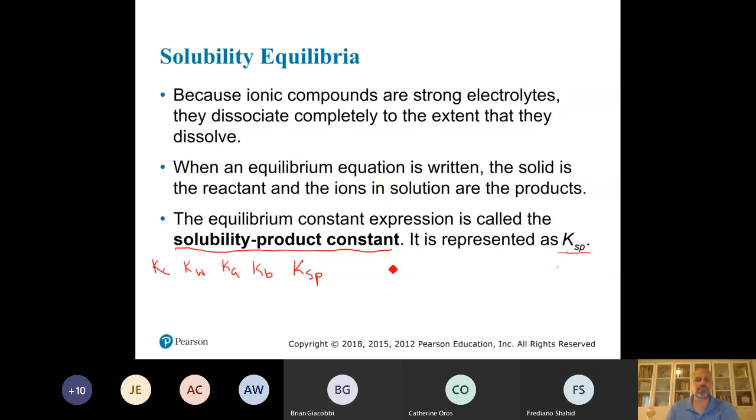All this does is give us, just like Ka gave us the ability to compare acids, and Kb gives us the ability to compare bases, KSP is going to give us the ability to compare the solubility of different compounds. So that's all we're looking at here. A new equilibrium constant is the solubility product constant.